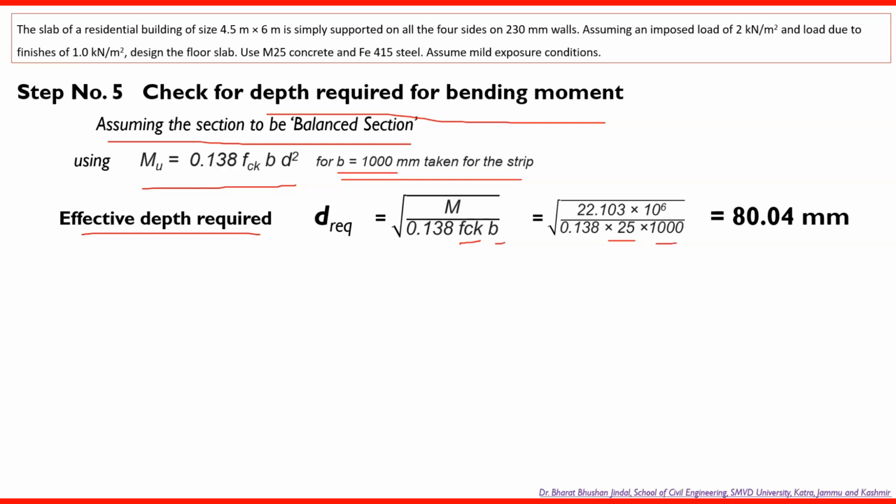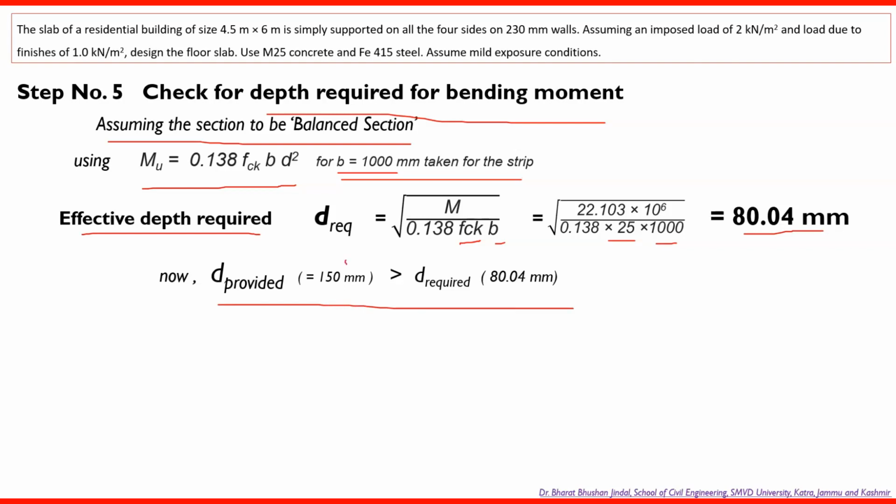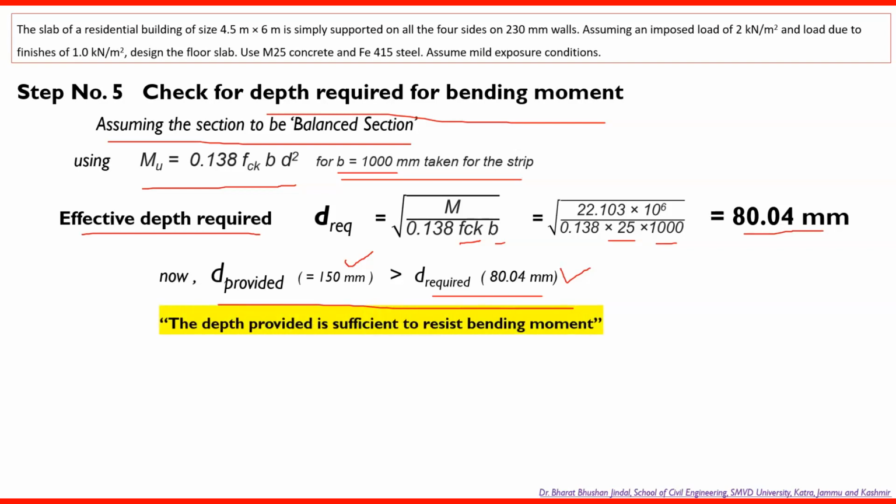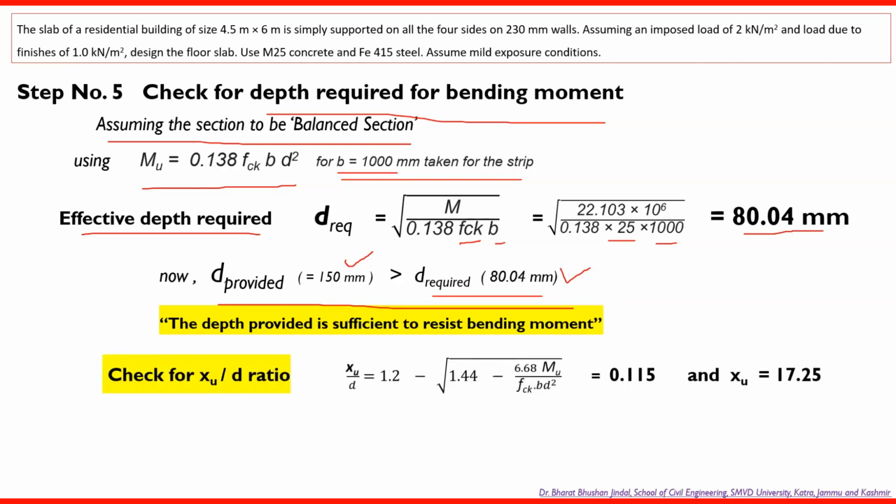So ultimately the depth required comes out to be 80.04 millimeter. But the depth which we have provided, 150 millimeter, is quite higher than the depth required. So we can say the check for depth is okay, and the depth provided is sufficient to resist the bending moment.